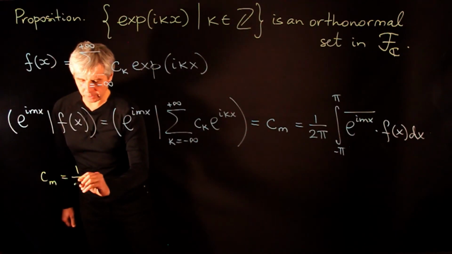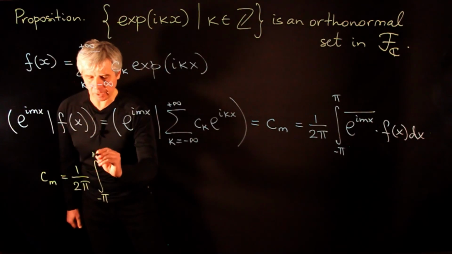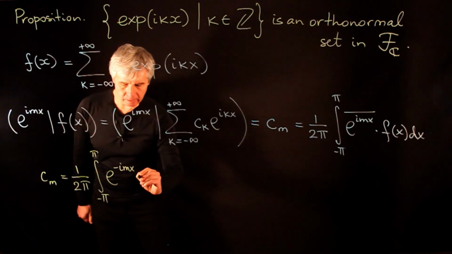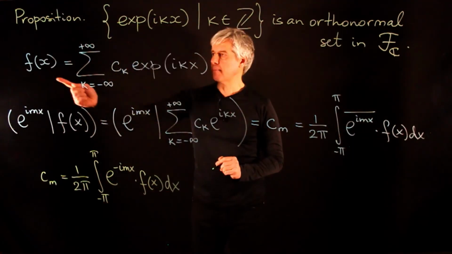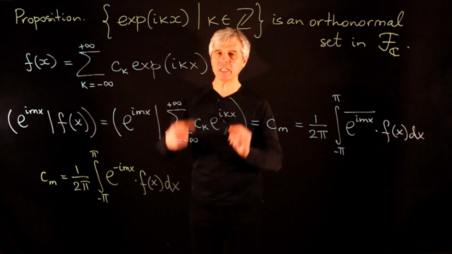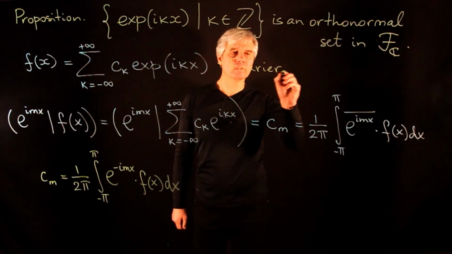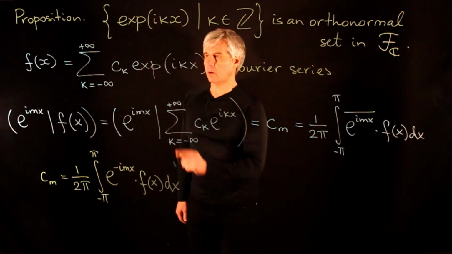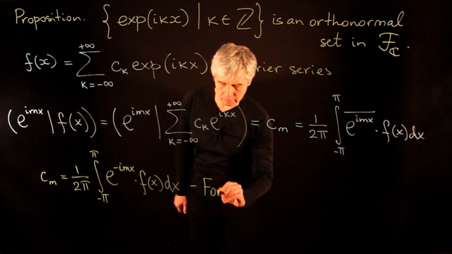That's 1 over 2 pi integral from minus pi to pi e to the minus imx times f of x dx. A representation of f as an infinite sum of complex exponentials is called the Fourier series. And the coefficients of these infinite linear combinations are called Fourier coefficients.